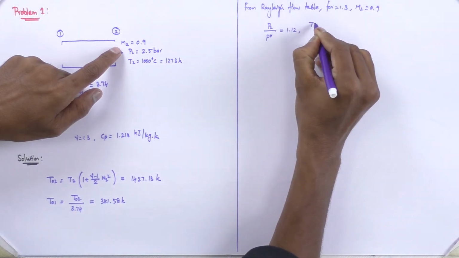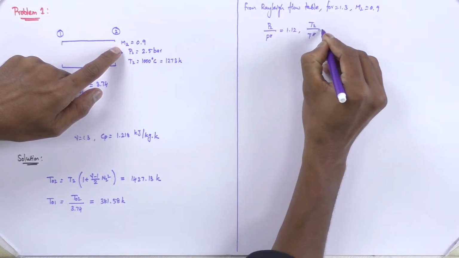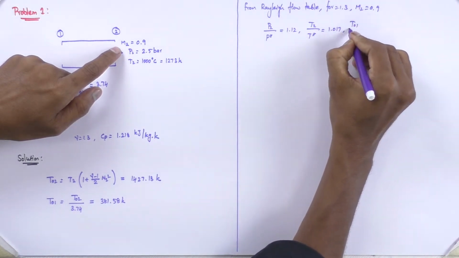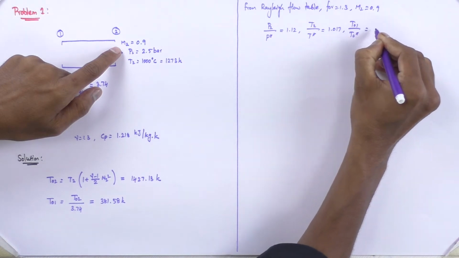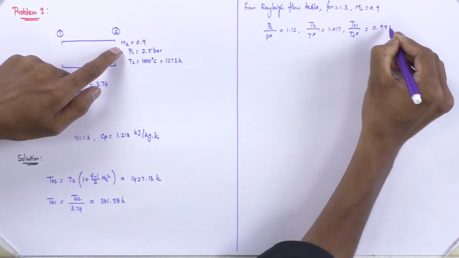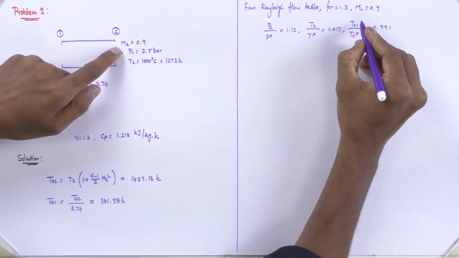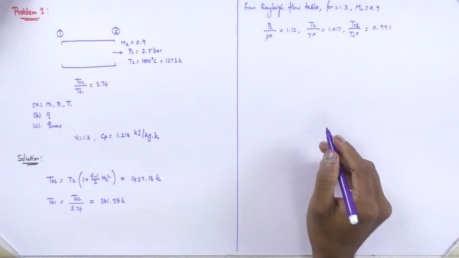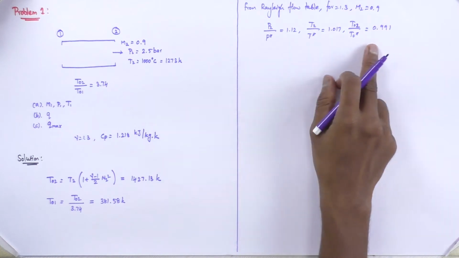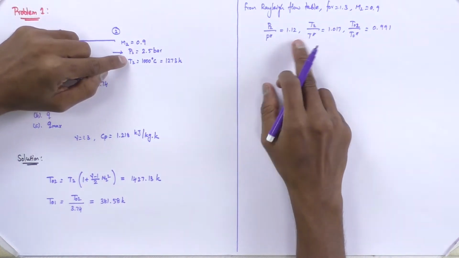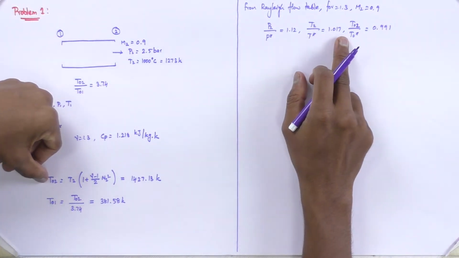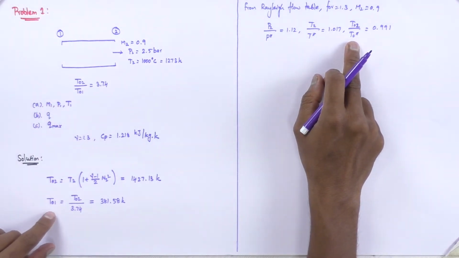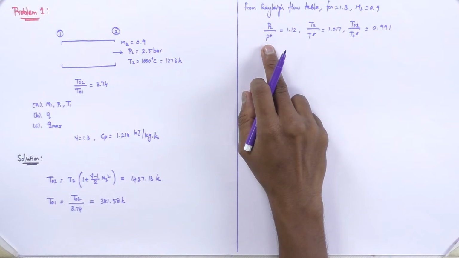Then T2 by T star is equal to 1.017. Then T02 by T0 star is equal to 0.991. In these ratios we know the values of P2, T2 and T02, so we can calculate T0 star, T star and P star.